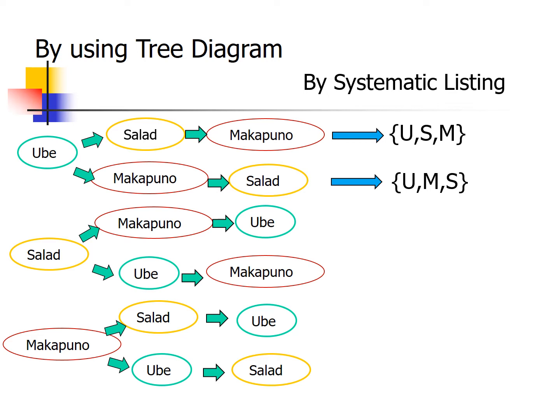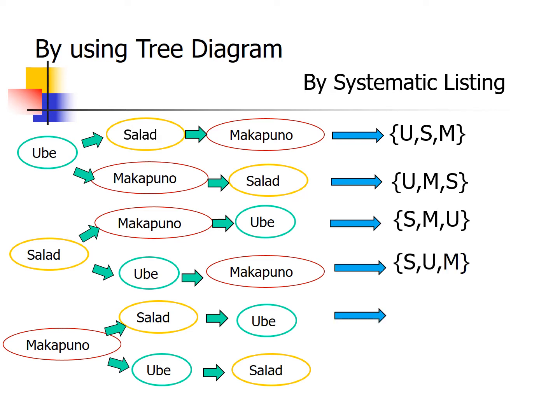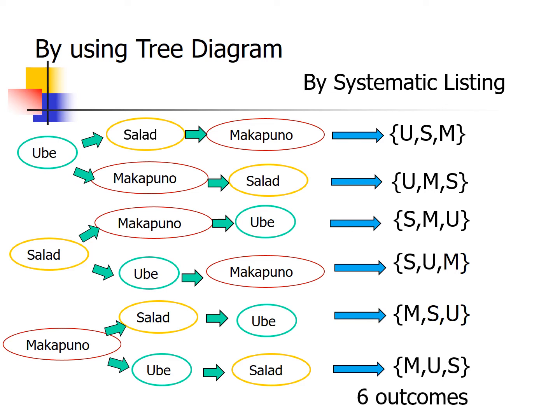Third, SMU. Fourth, SUM. Fifth, MSU. And then the sixth, MUS. So, we got 6 outcomes. Later, the by table method, I will show in another example.